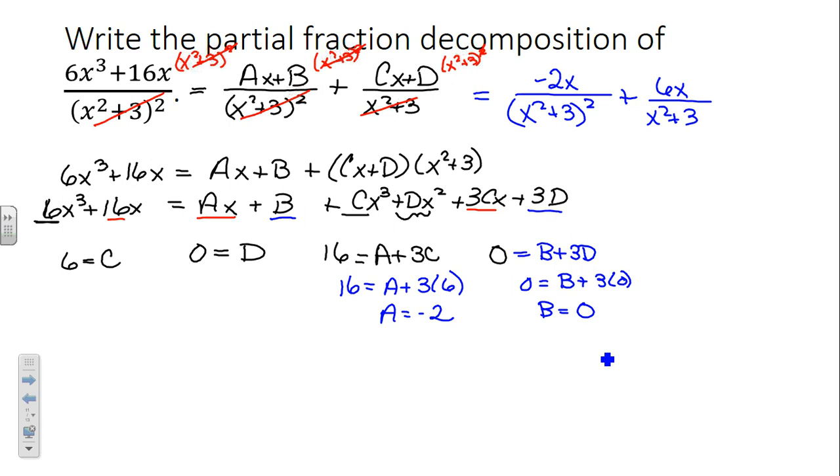Okay? Because what do they have for a common denominator? x squared plus 3 squared, right? This one's missing the x squared plus 3. So if we took this times x squared plus 3, we'd get 6x cubed, right? Plus 18x. 18x minus 2x is 16x. Now do you see why we have to have one of each? Okay, that helps us get it. All right, next one.